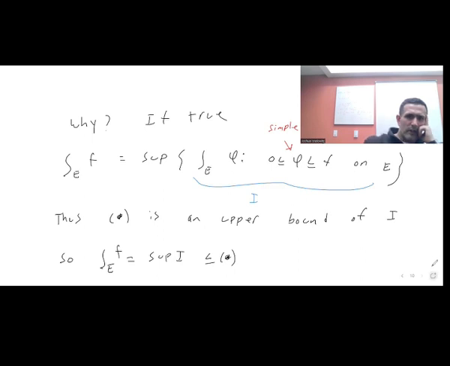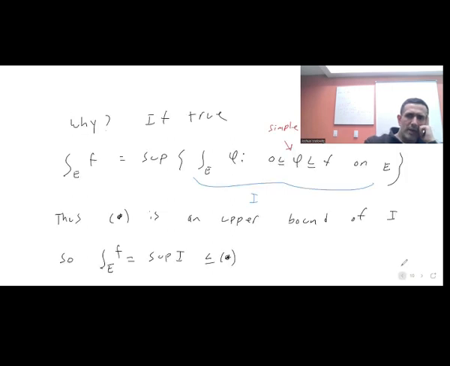All right, so I divide this up into, well, 3 cases. I'm not even going to call it a case. First, if this is 0, well, then we're done. So what am I doing? Sorry, I'm picking one of these simple functions.